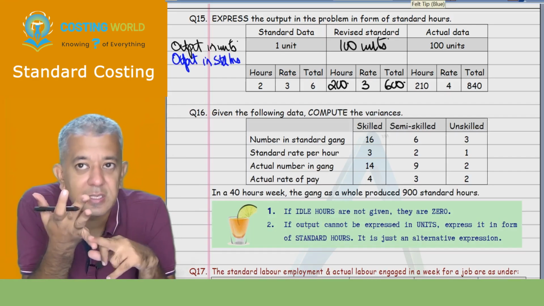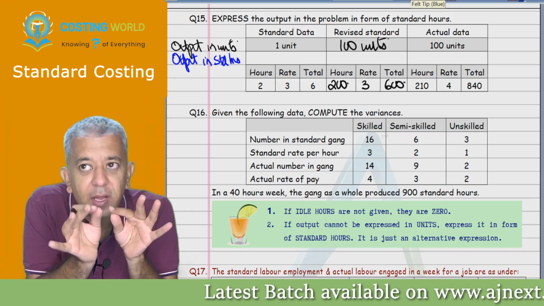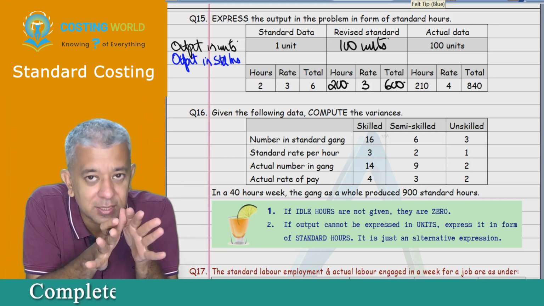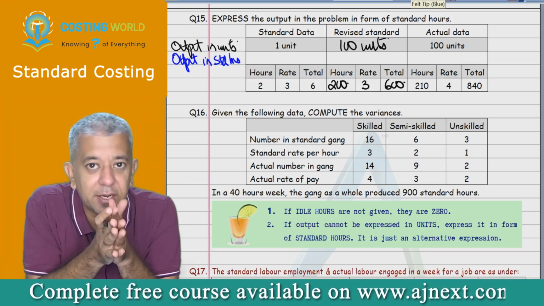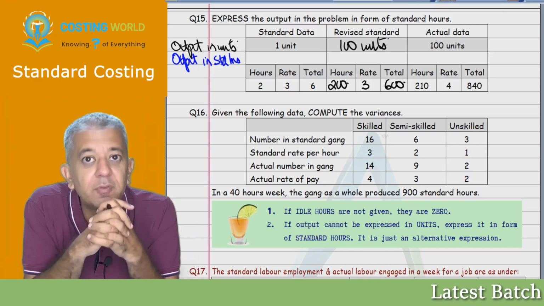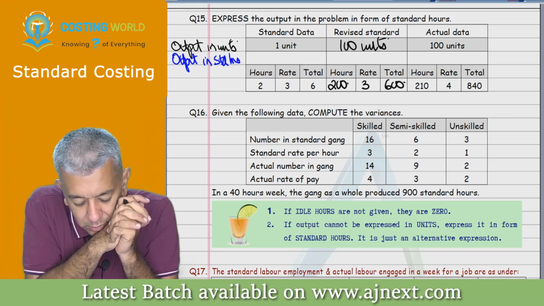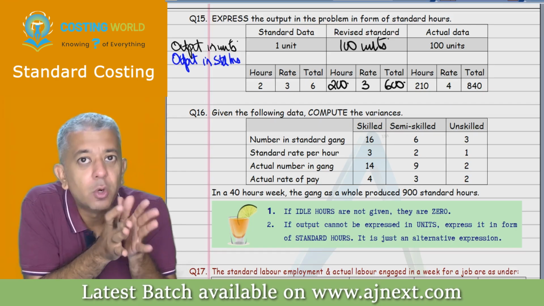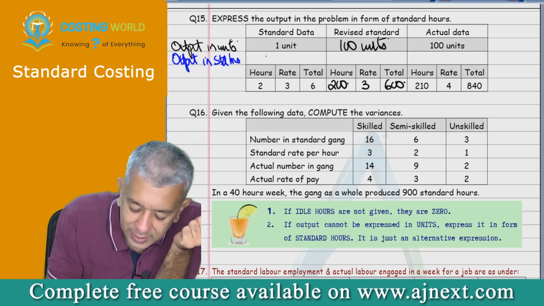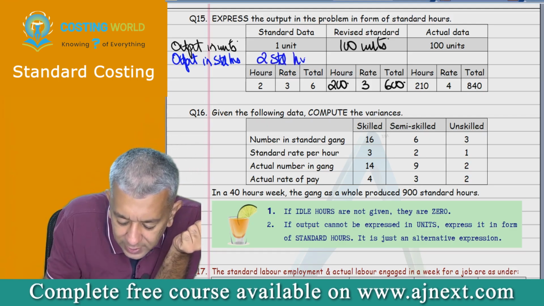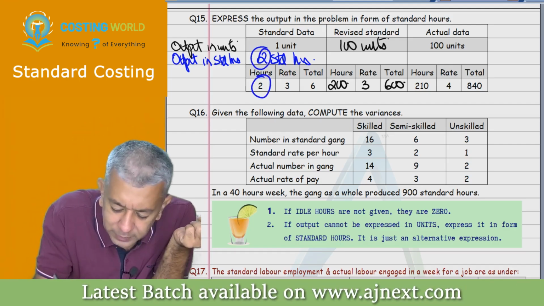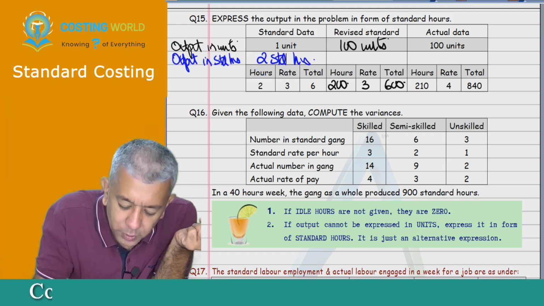Instead of saying that this is a standard data for 1 unit of your product, you can alternately say that this is the standard data for that level of output which should take 2 hours to complete. Or you can simply say this is a standard data for 2 standard hours of output. So from where did this 2 come? This 2 is this 2 only, beta. But I don't want to be expressing the output in terms of physical units.